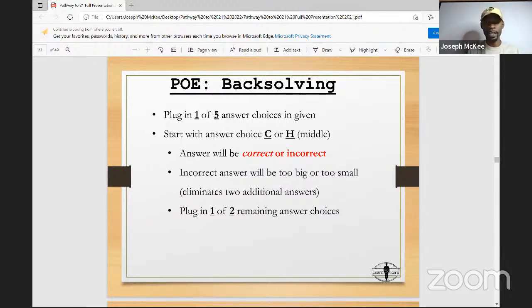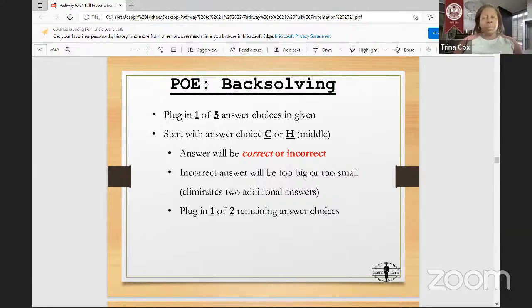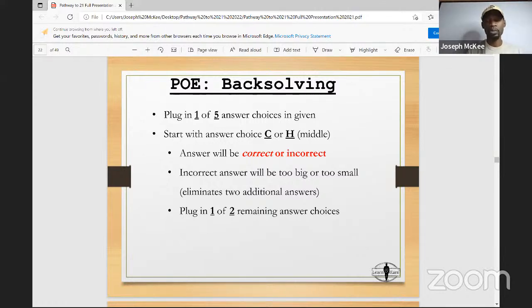If you look on the ACT math, the math section has 5 answer choices. So we want to use this to our advantage. The equation that you've set up on step 3, you're going to take one of the 5 answer choices and put it inside of the equation. We're trying to test to see if that answer choice works.